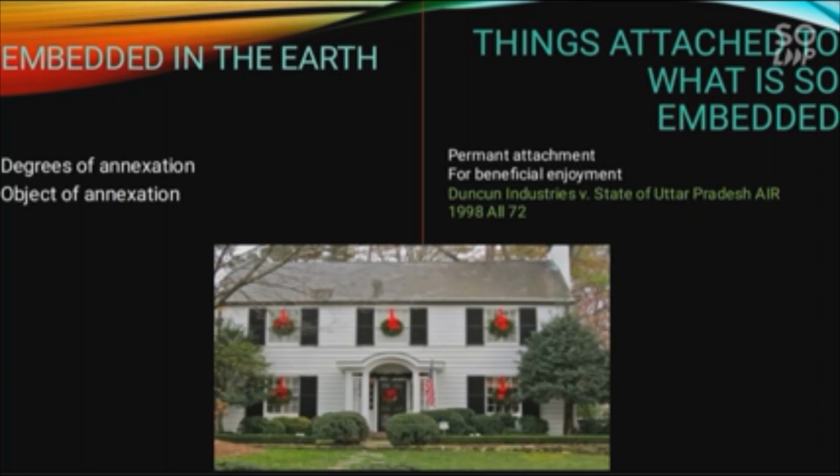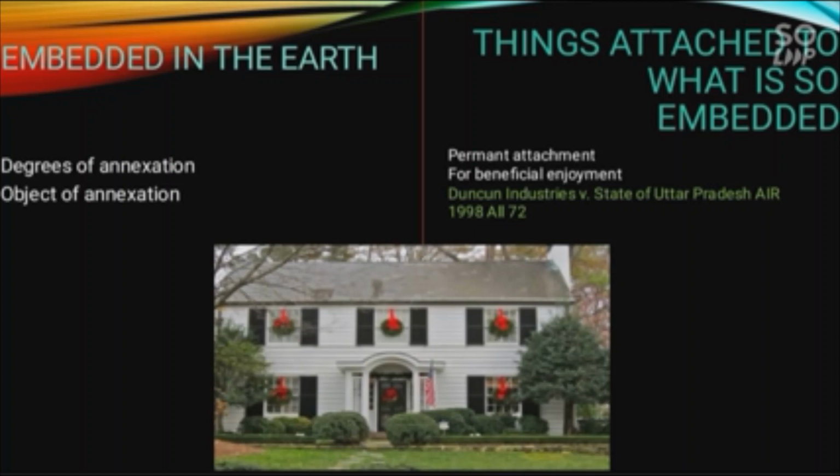But we also know that these decorations are temporary and not permanently attached. But while considering the doors and windows of the building, they are permanently attached, and for the beneficial enjoyment of these buildings, the windows and the doors are necessary. So, these things can be categorized in the group of immovable property.